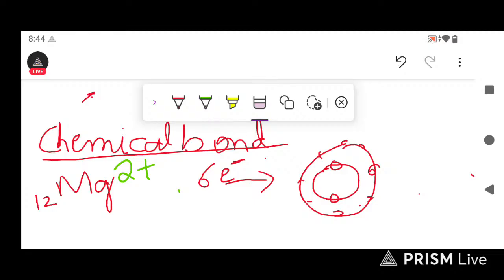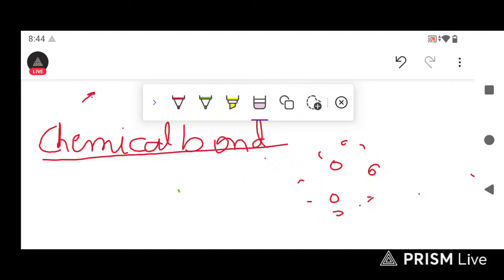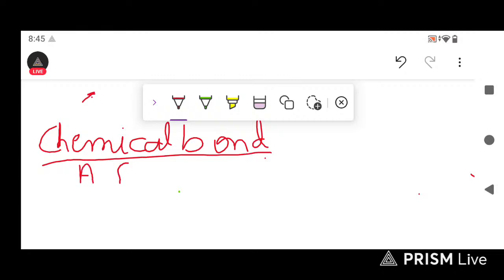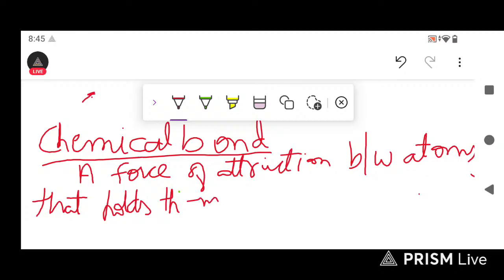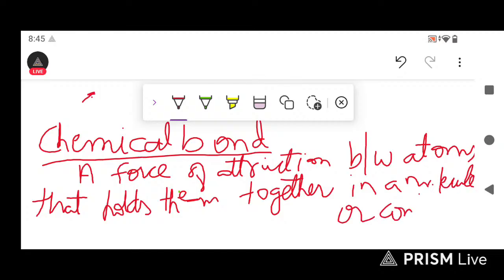Now let's talk about the chemical bond and the ionic bond. What is a chemical bond? Here is a very simple and easy definition: a chemical bond is basically a force of attraction between atoms that holds them together in a molecule or compound.